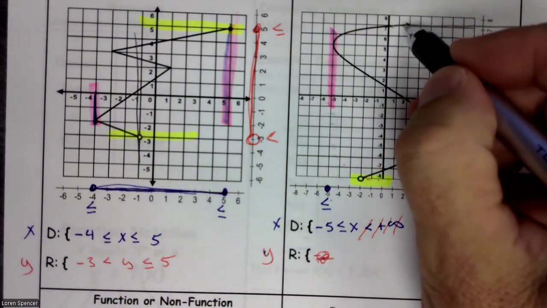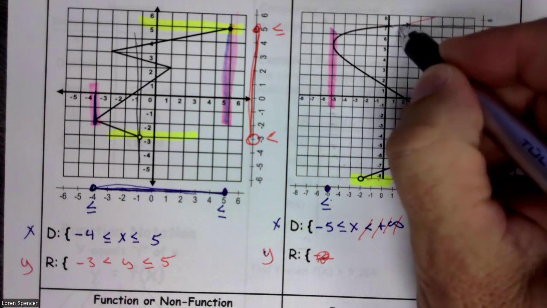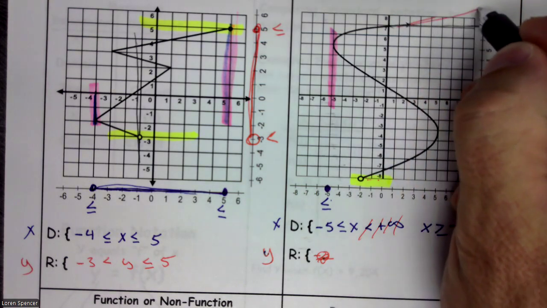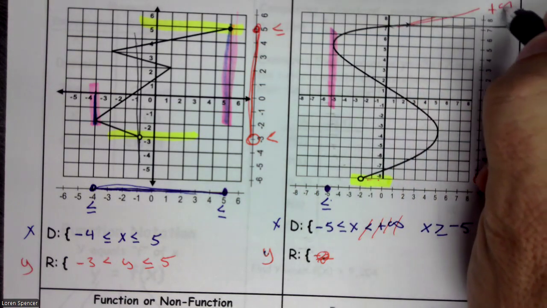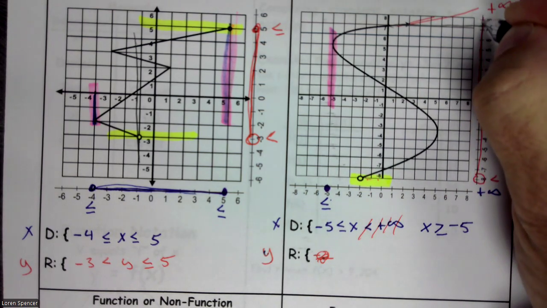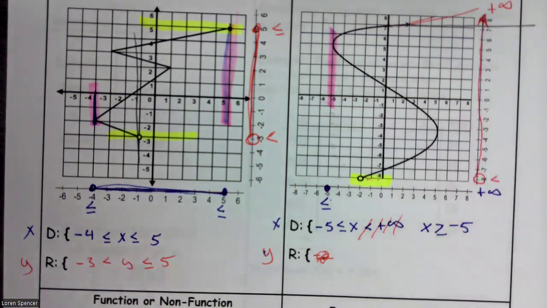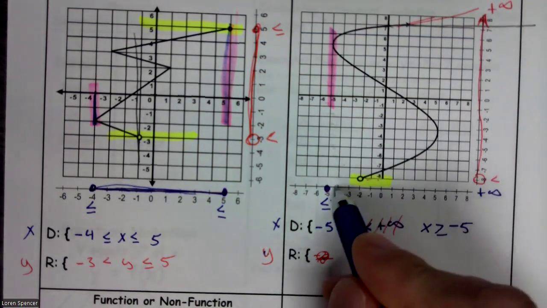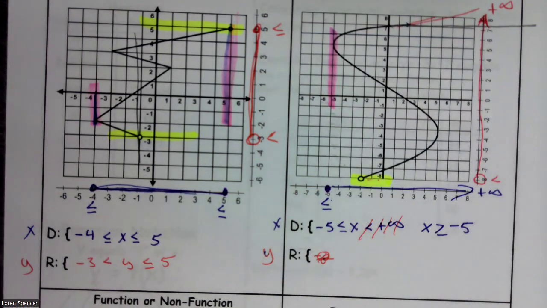And our highest value, well, in the y direction, this is increasing, although slightly, and it's going to go to positive infinity. I should put an arrow on this because it's going that way.